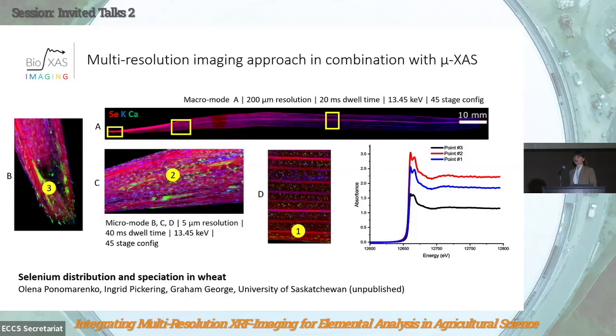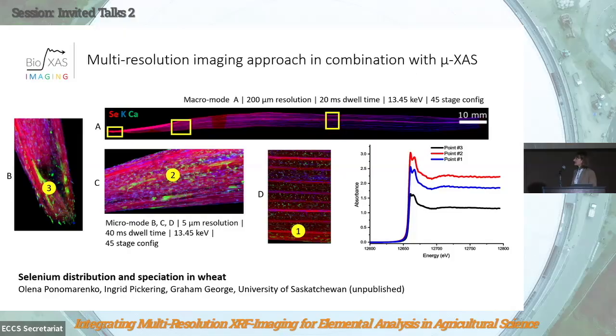So this is another example that used the multi-scale XRF imaging approach in combination with micro-XAS to obtain speciation information. They scanned a relatively large area of wheat that was grown in selenium-enriched soil.